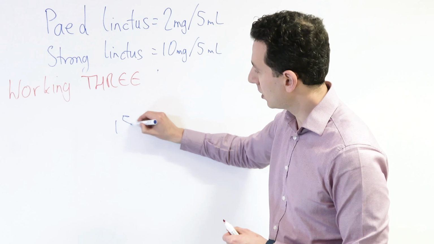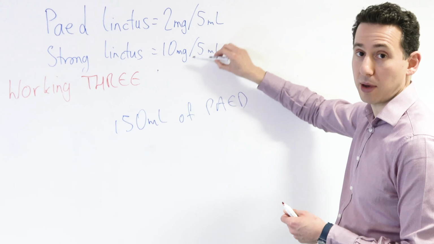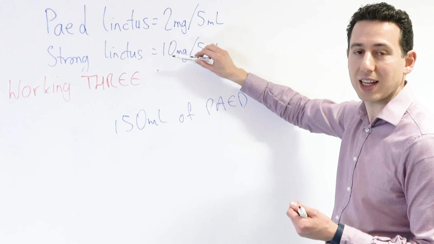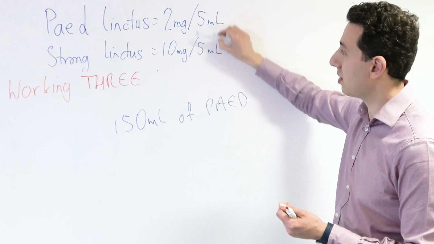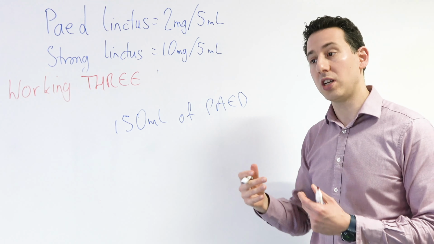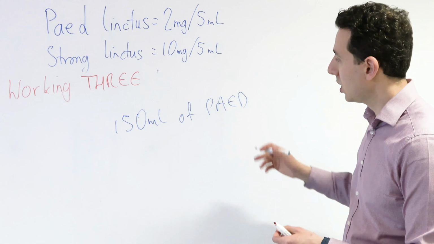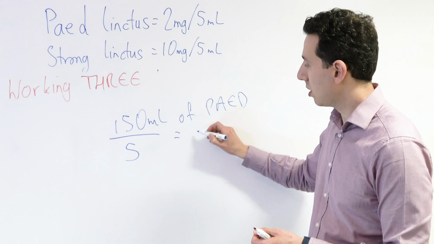Looking at the relationship between the two, to go from number 2 to number 10, we have to multiply by 5. In other words, the strong linctus is 5 times stronger than the paediatric linctus. If it's 5 times stronger, we're going to need a volume which is 5 times less. So 150 mil divided by 5 equals 30 mil.